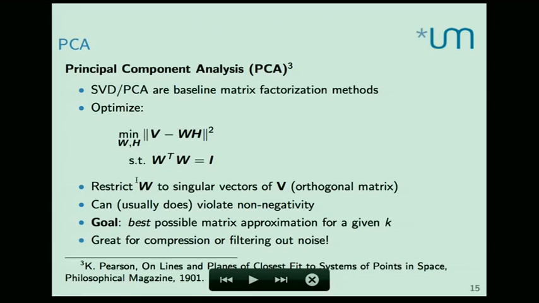So here you say that W should be constructed out of the singular vectors of V, and the matrix should be orthogonal. So in principle, you're looking for the eigenvectors, right? You want to find the best possible basis in order to represent V. So this is what PCA is doing. And then you don't have any constraint on the coefficient matrix H. So that can be non-negative, positive, it doesn't really matter, or negative.